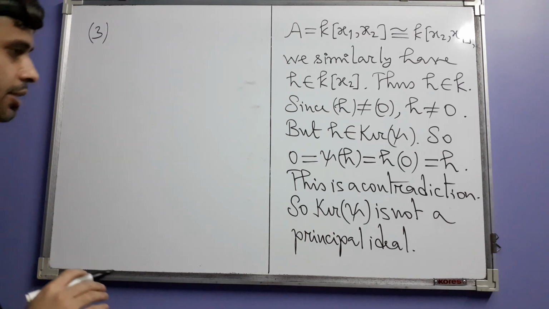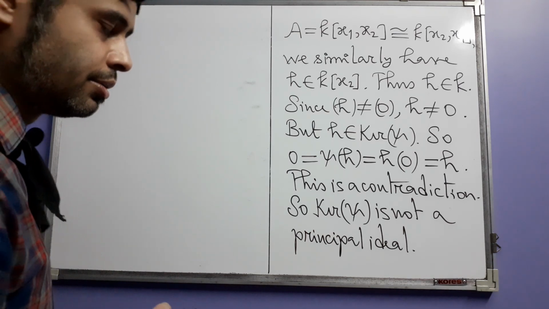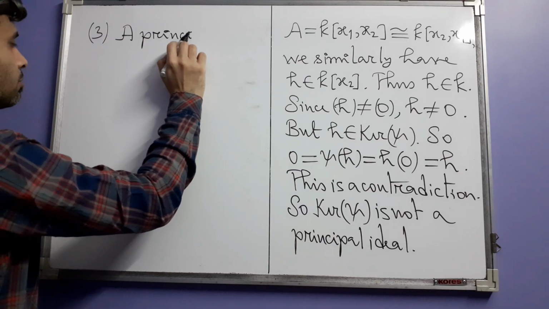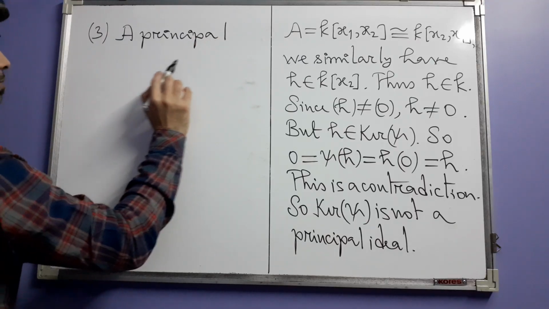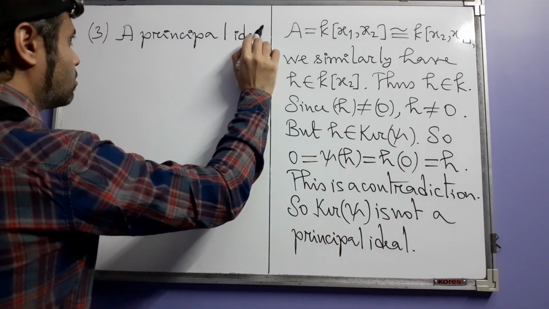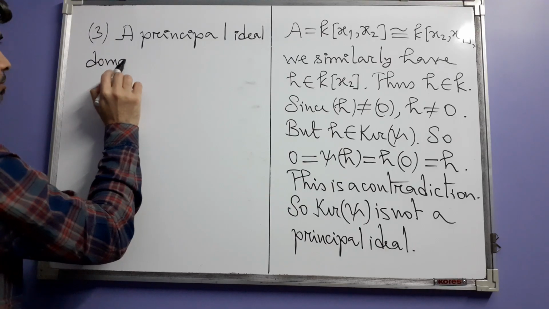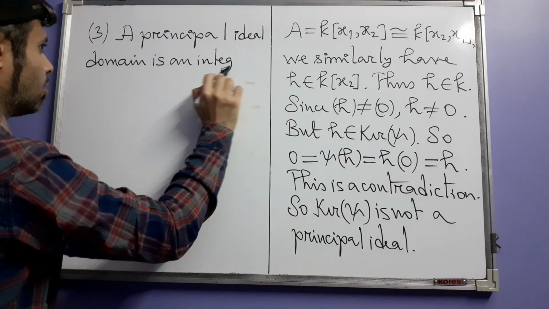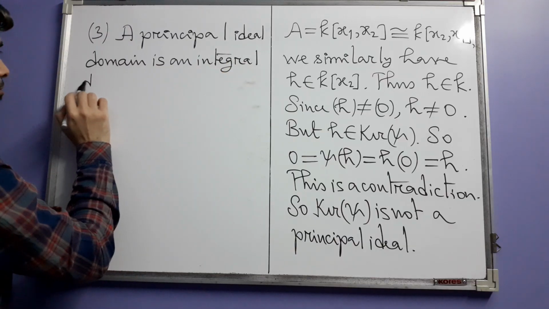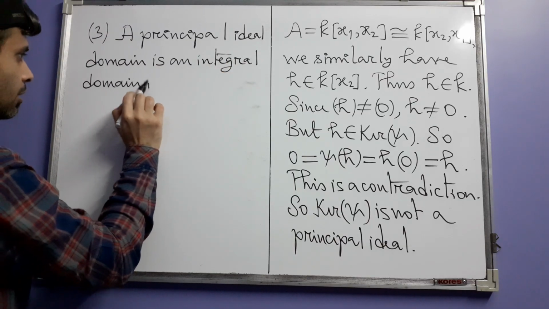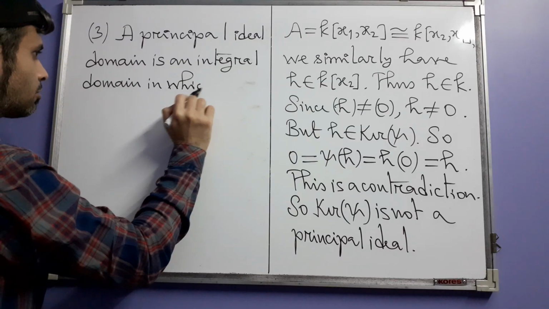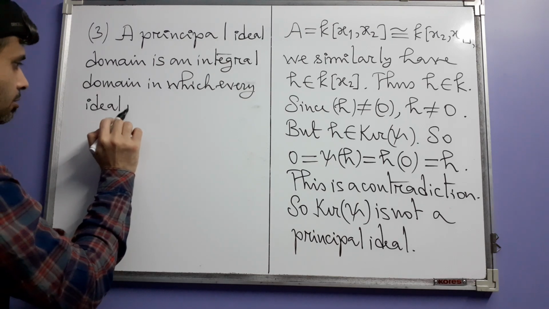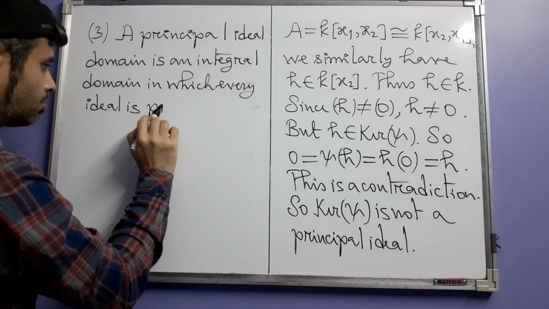We are now going to define a principal ideal domain. A principal ideal domain is an integral domain in which every ideal is principal.